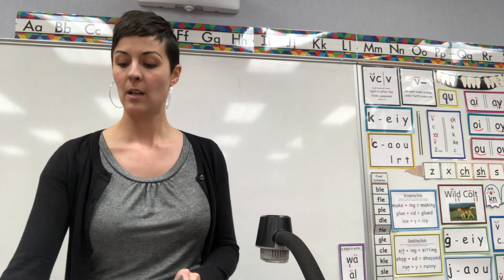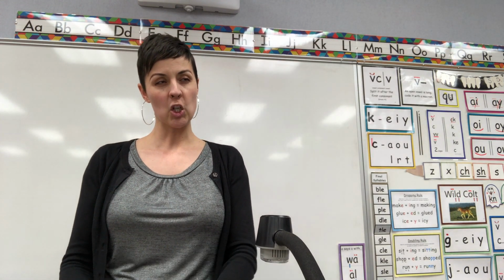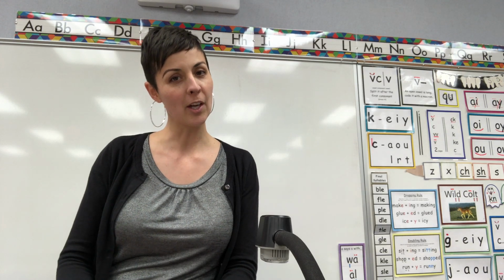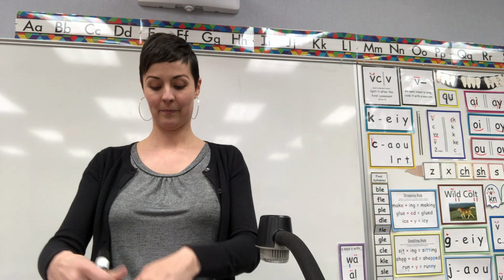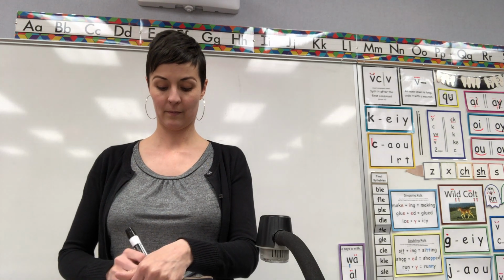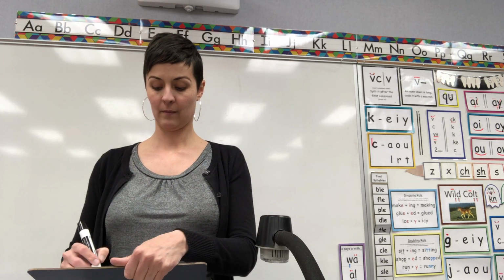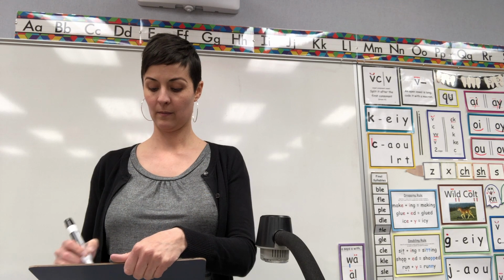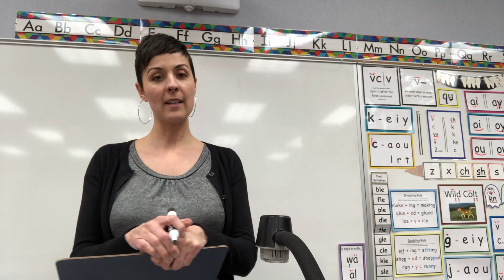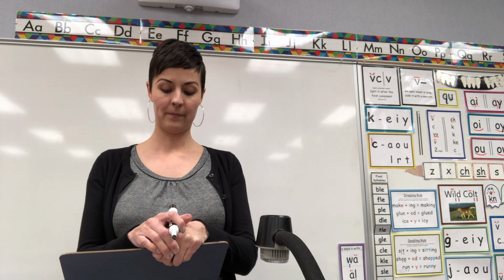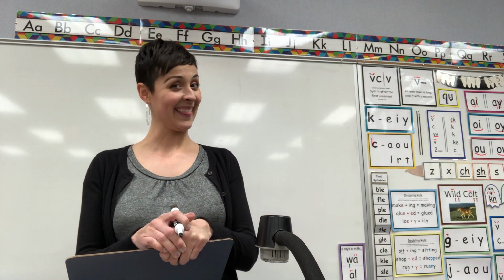Next word, I'm going to see if I can trick you. Spell for me the word punch. What word? Punch. Like I drink a glass of punch. Okay, let's check it.